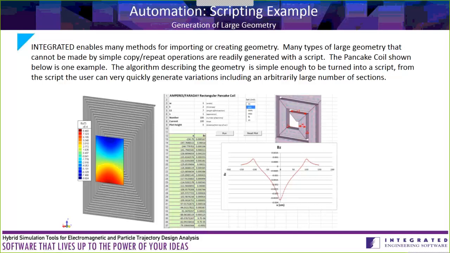So this is one of our newer sample scripts that we ship that lets you generate a pancake coil. But we have users who've done many other generically similar large things like this, and much larger than what's shown here. I made a geometry large that you can recognize would be tedious to make manually, but not exceedingly large. We've had customers make plates with thousands of irregularly spaced holes in them, for example, something that would be extremely tedious and again prone to error to do manually.